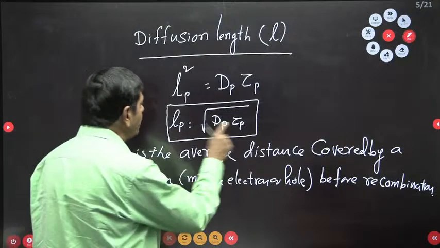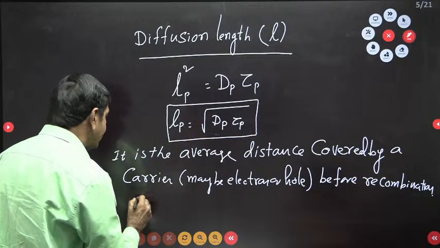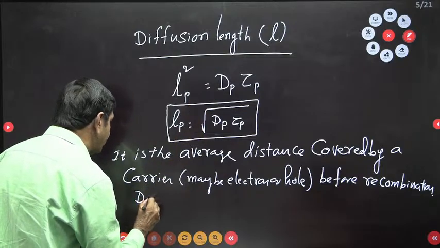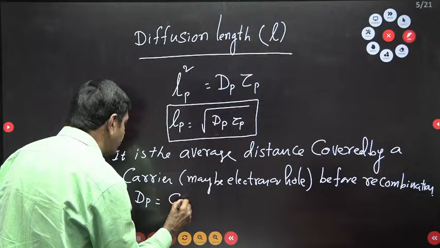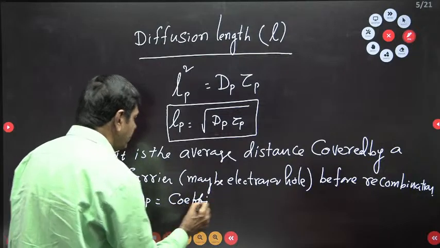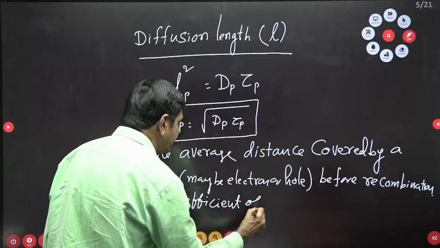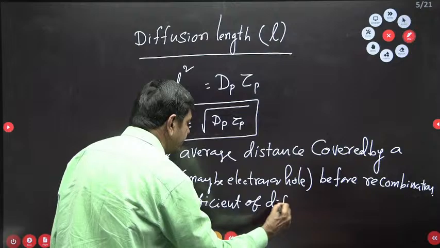For holes, Lp is the diffusion length, and Dp is, as you know very well, the coefficient of diffusion. Yesterday I explained the coefficient of diffusion.